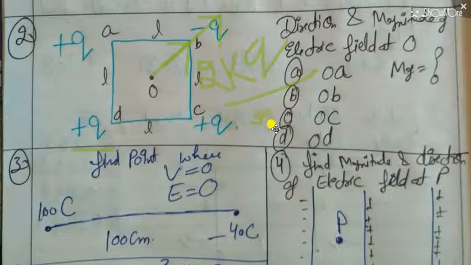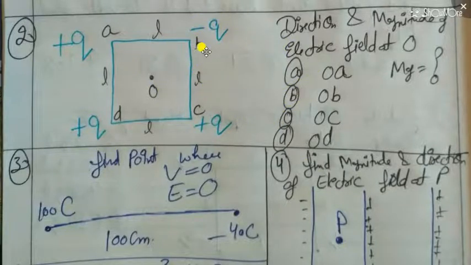This is the magnitude of the electric field, where r is the distance of O to B. We have already calculated many times this distance. This distance comes out to be L by root 2.